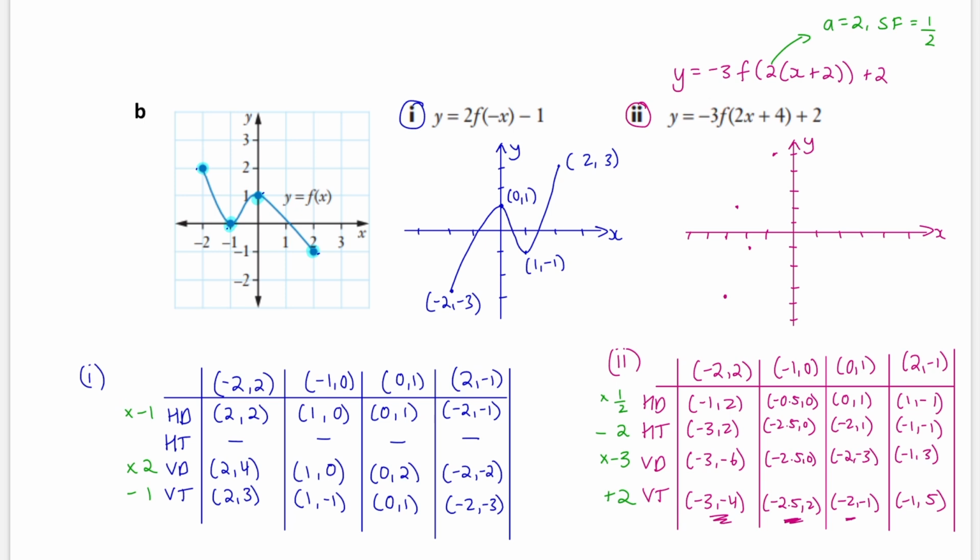So here, when I connect those dots together, I get something like so. And now I'm going to label those coordinates to finalize the sketch there.